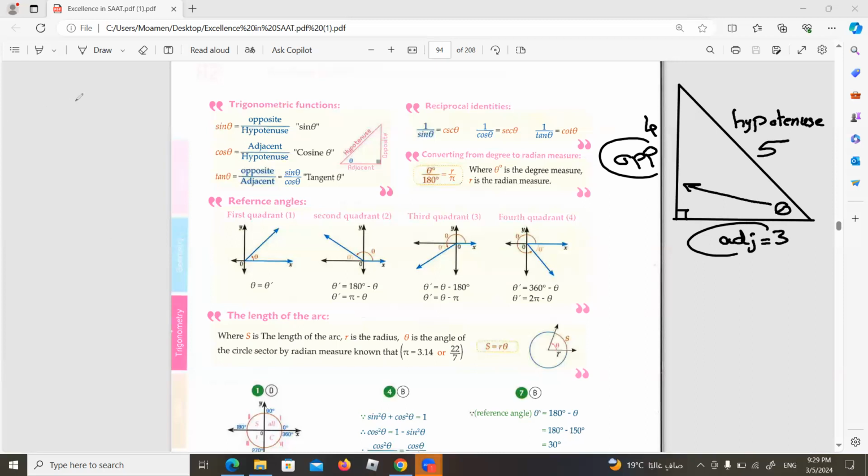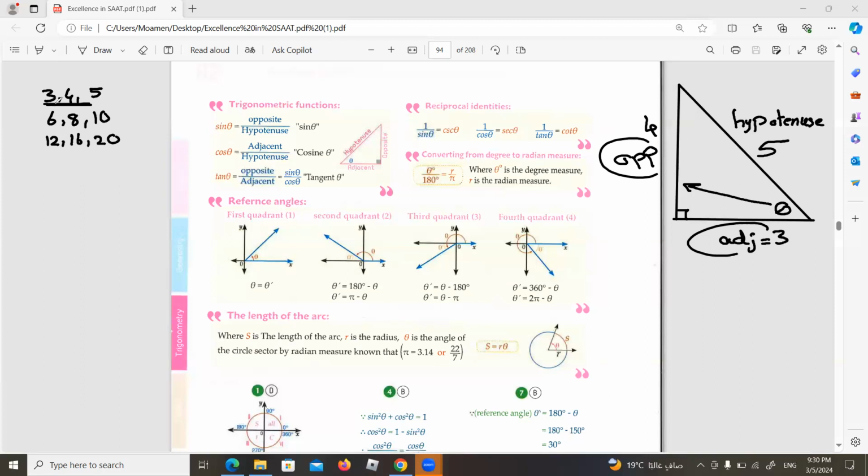So I have some famous, or special, right triangles, which are 3, 4, 5. Multiply by 2, it's 6, 8, 10. Multiply by 2 again, it's 12, 16, 20.